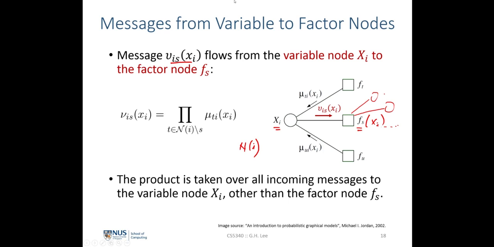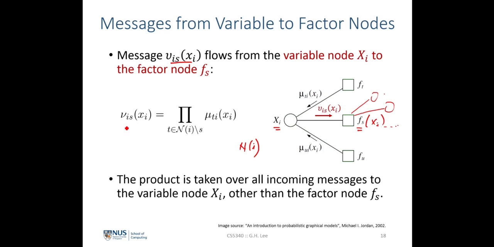To compute this message, it would be simply given by the product of all the messages flowing from the other factors into this random variable node xi, excluding the message from fs to xi, because now we are computing this particular message from the random variable node xi into the factor node fs.